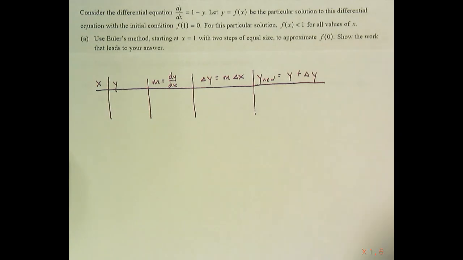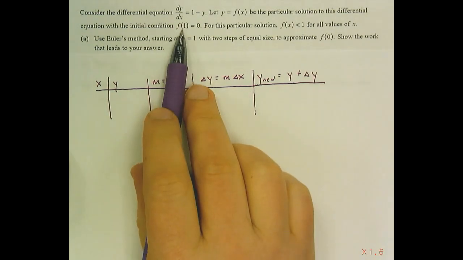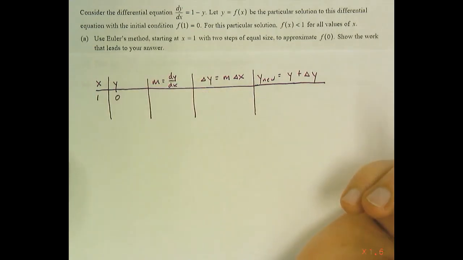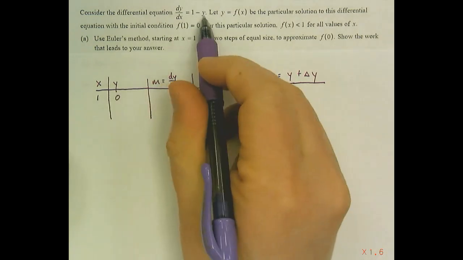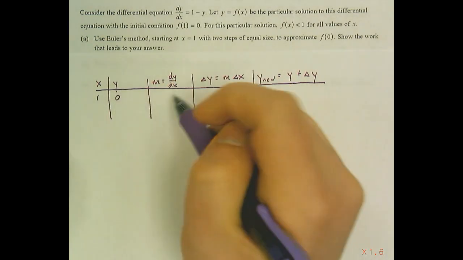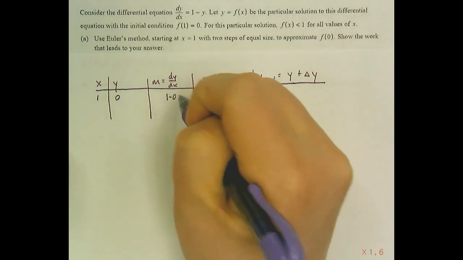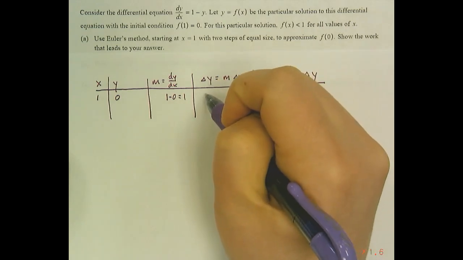So in this situation, our initial condition occurs at 1 comma 0. So 1 comma 0 is our seed for Euler's method. Slope is calculated as 1 minus y. Actually, let's write that out: 1 minus 0 equals 1. And then delta y, this is where I have a feeling a few people made a mistake.